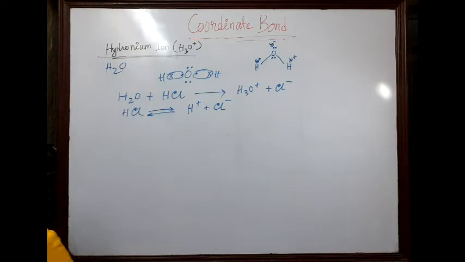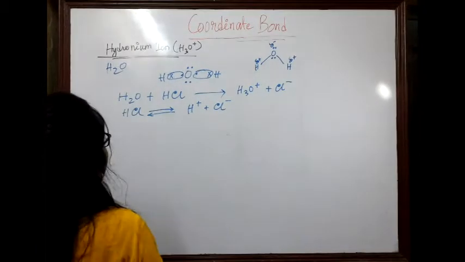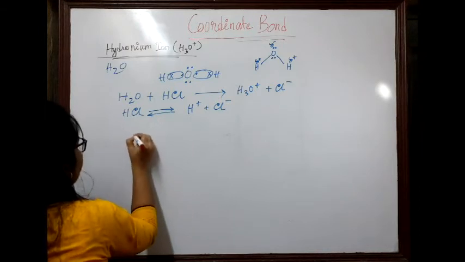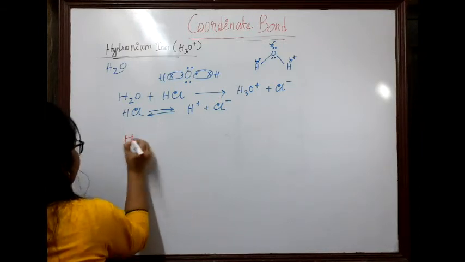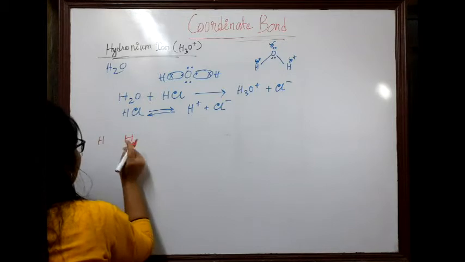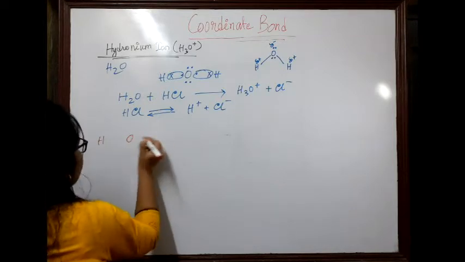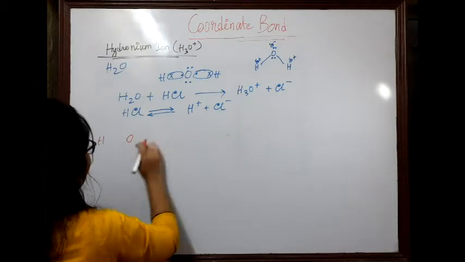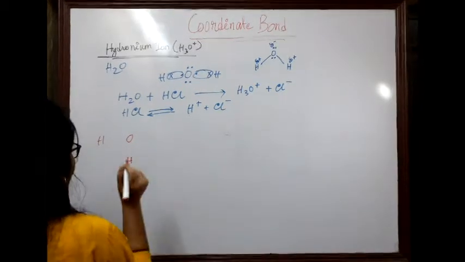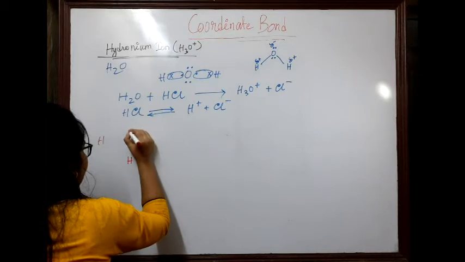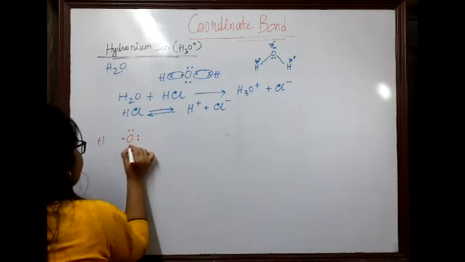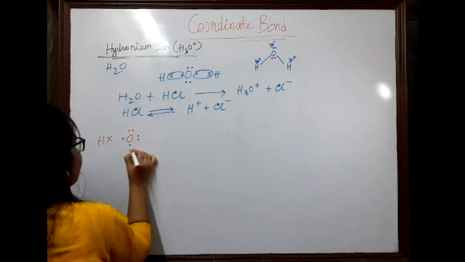If we see it schematically, oxygen here, hydrogen. There are 6 electrons, 1, 2, 3, 4, 5, 6, and hydrogen 1.